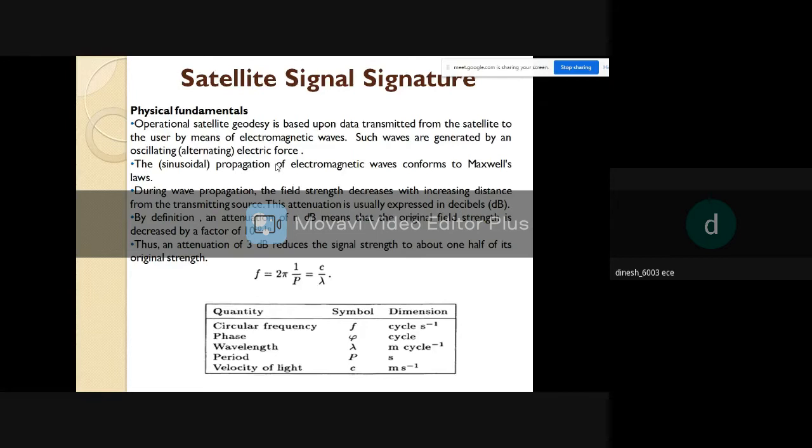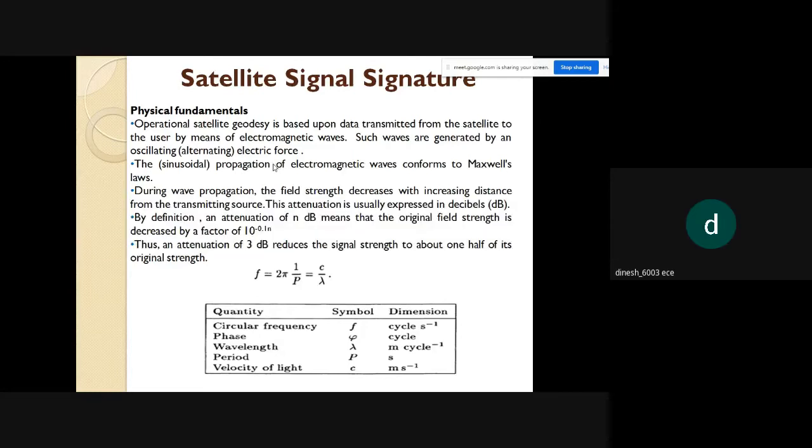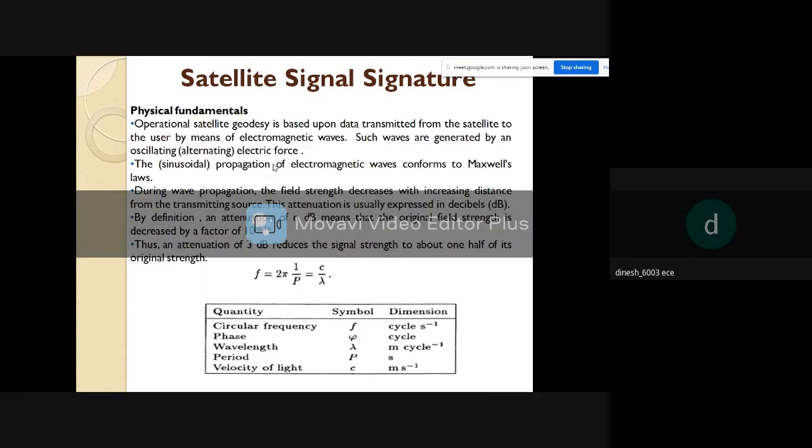As distance increases, attenuation also tends to increase. The measurement of that is given in terms of attenuation, measured in decibels. So we take a signal strength of about 1/2 of its original strength.